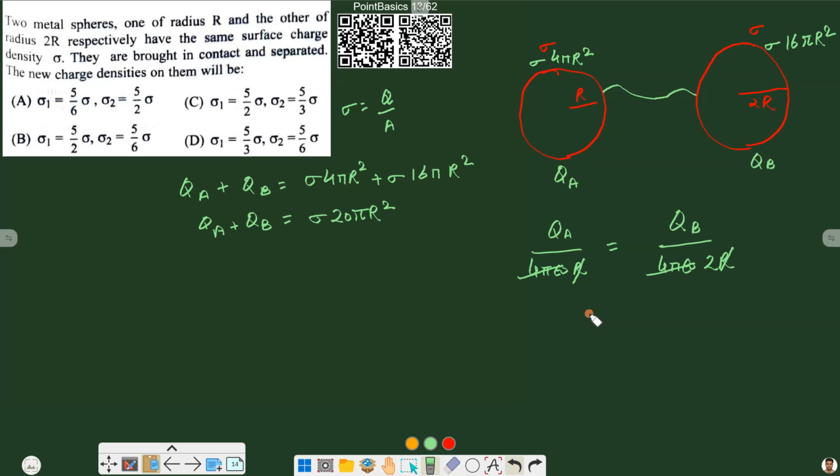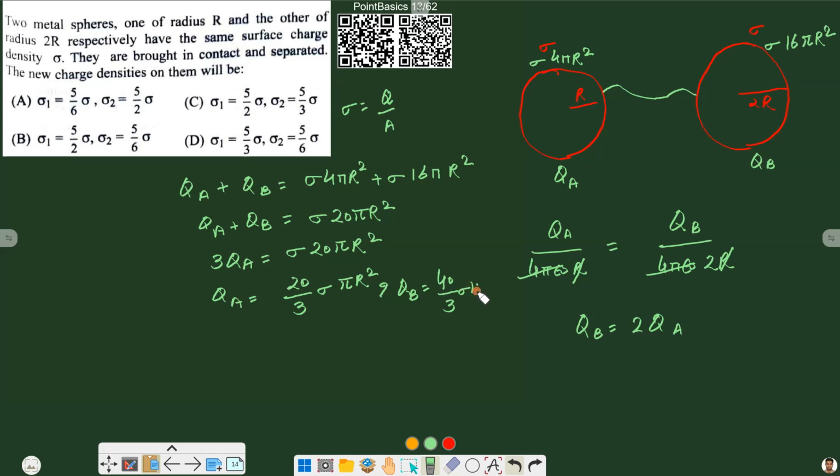From this, QB comes out to be twice QA. Putting the value of QB here, QA plus 2QA, 3QA is equal to sigma 20 pi r square, so the value of QA comes out to be 20 by 3 sigma pi r square, and the value of QB then comes out to be 40 by 3 sigma pi r square because it is double QA.